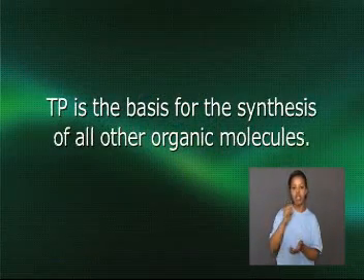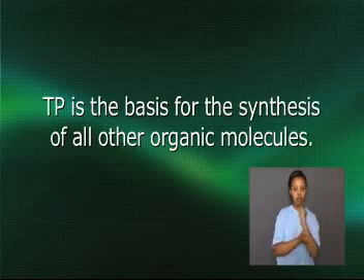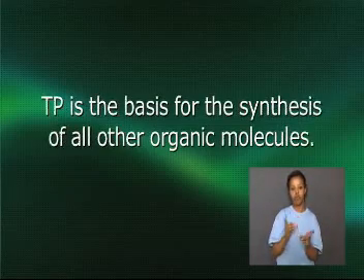TP is the basis for the synthesis of all other organic molecules. Let us do an activity to make sure you have retained all of the information from this lesson. Students, can you please describe where light-independent reactions occur?